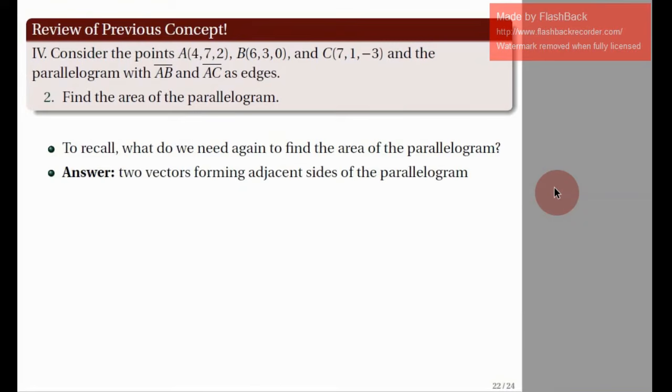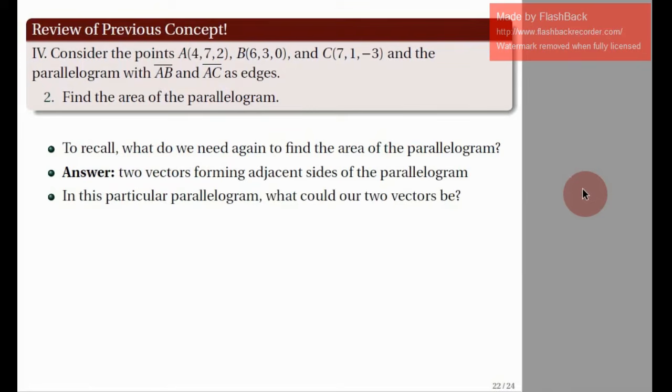Here, in the given, we are already given adjacent sides of our parallelogram, which we just transform to become vectors, which are vector AB and vector AC. So we just need to find their position representations, and these are the tools that we will be using to find the area of the parallelogram.